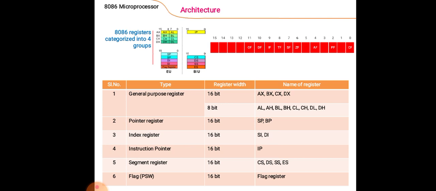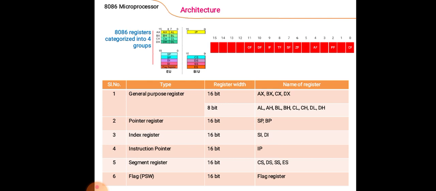Once again we'll see the size of registers and use of registers. The general purpose registers, if they are 16-bit, then they are AX, BX, CX and DX. If they are used as 8-bit, then they will be AL, AH, BL, BH, CL, CH, DL, DH.